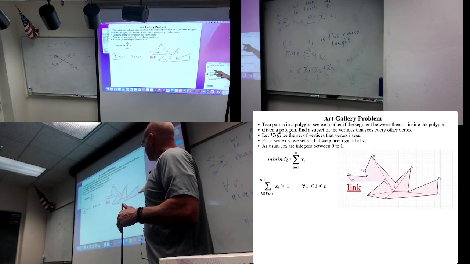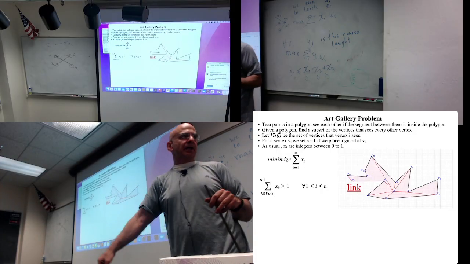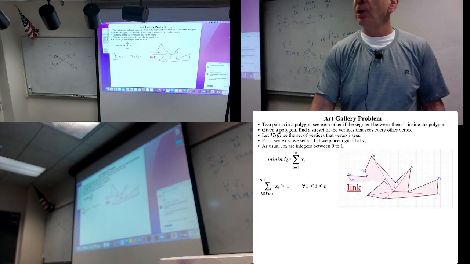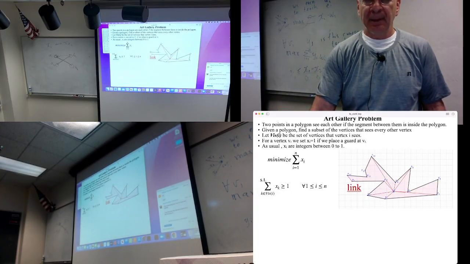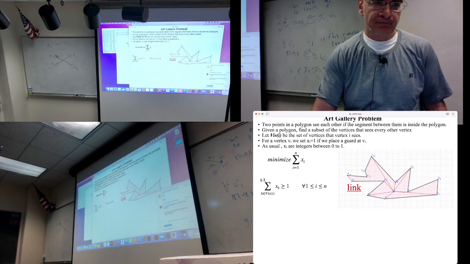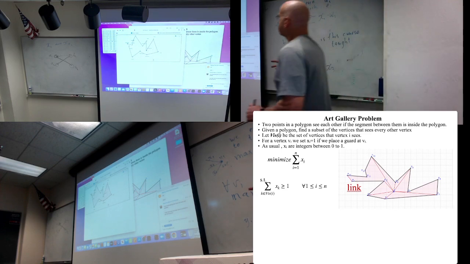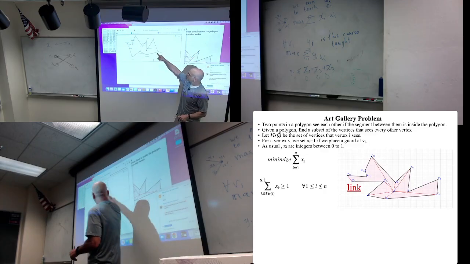Here, for simplicity, I'll just assume that I want to place guards, which would be either cameras or antennas, and there is some set of candidate locations.